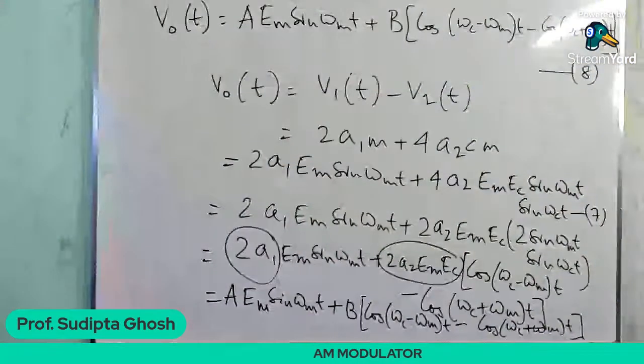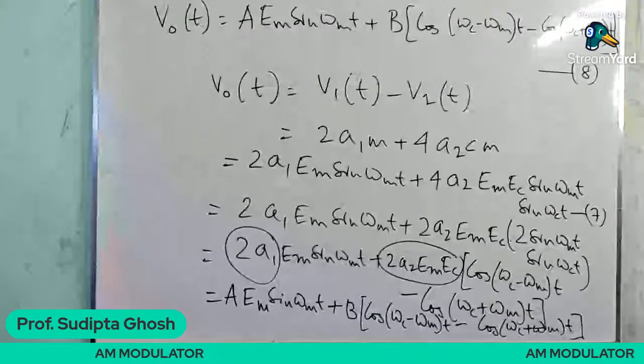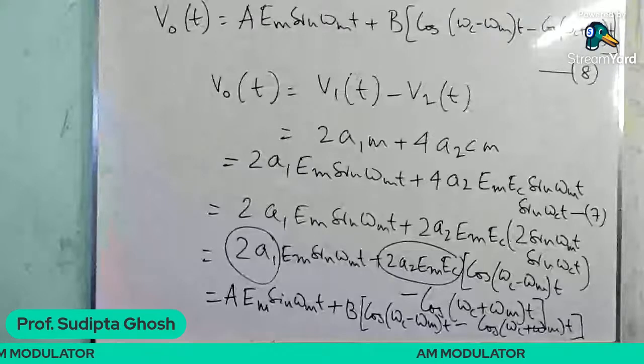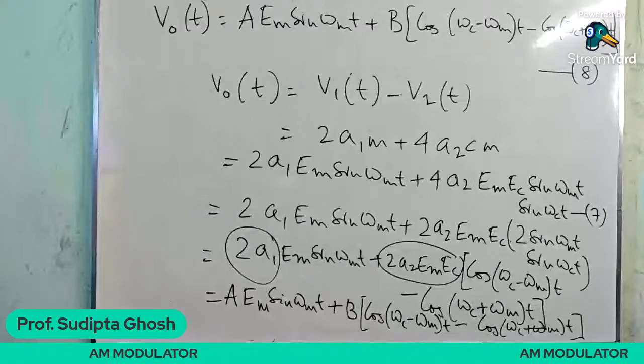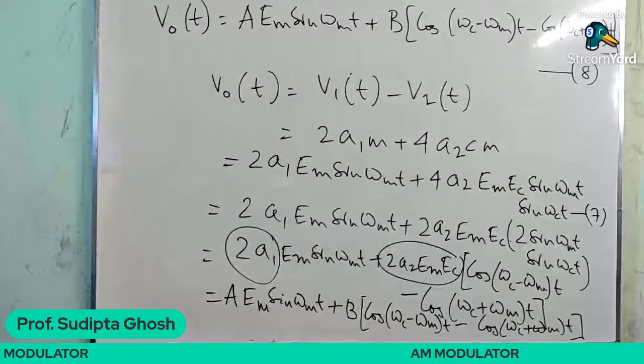So this is the final output of a balanced modulator circuit, and you can see that under an ideally symmetrical condition. Why am I talking about the ideally symmetrical condition?